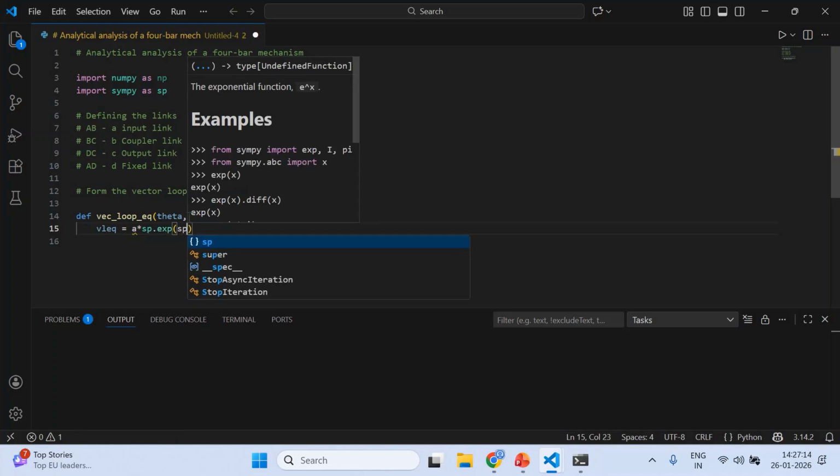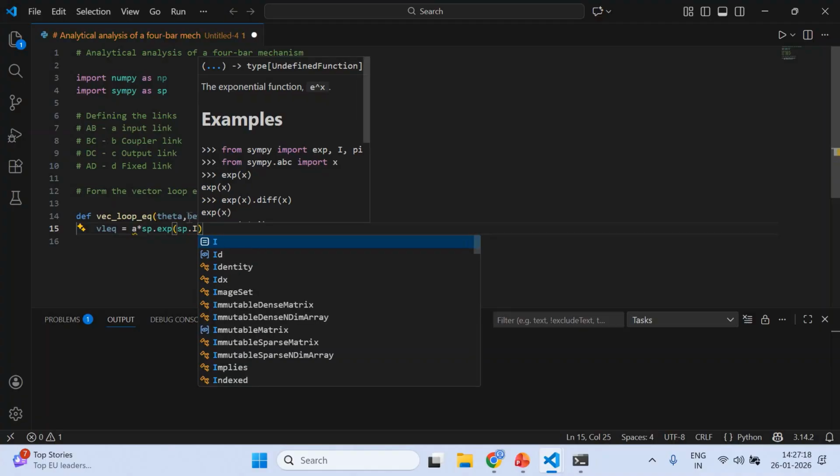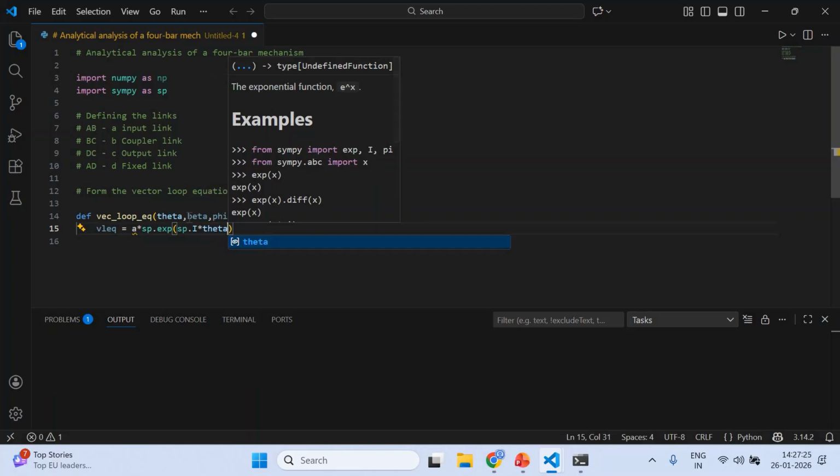Then in the bracket you have again sp.I, and then multiplied by theta. If you remember what I am trying to do here, I am trying to write the entire equation in complex form, right? This is one of the benefits of using the Sympy library.